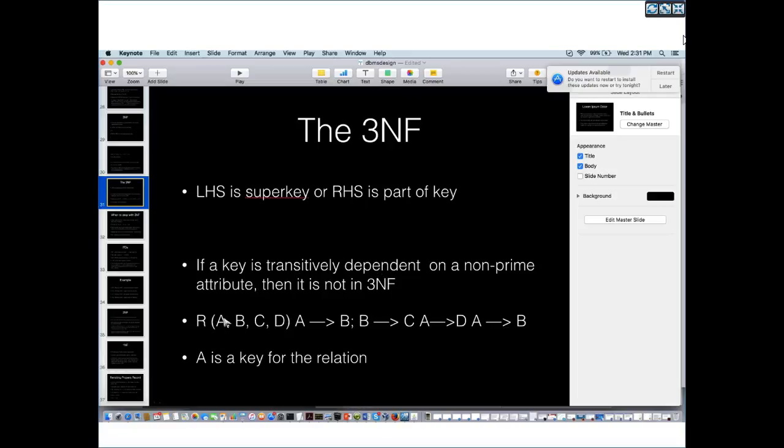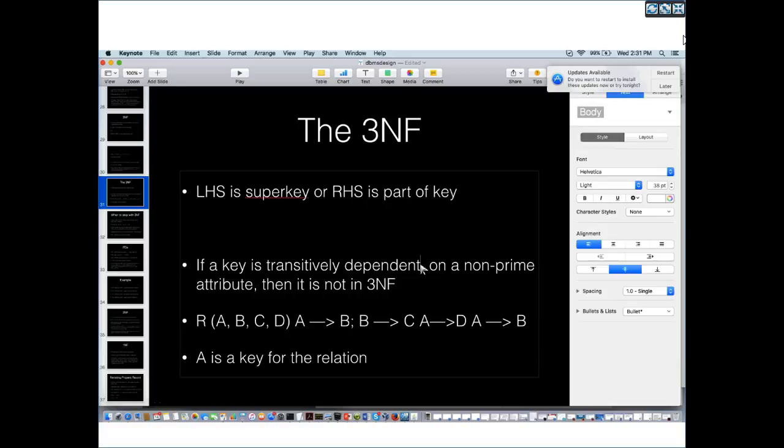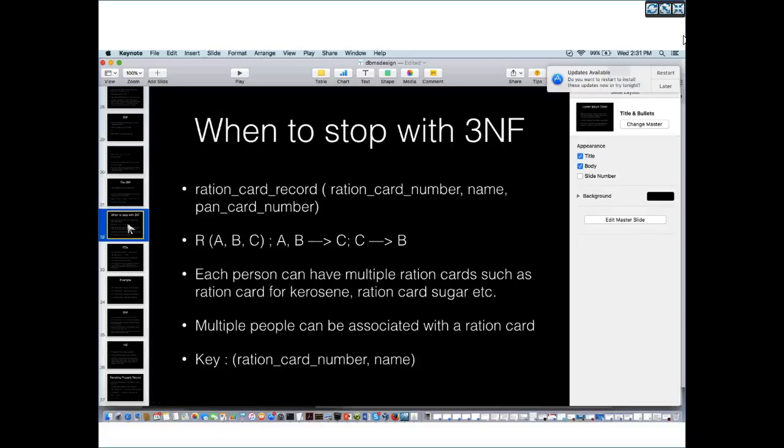Okay? Transitively dependent means the key is determining a non-prime attribute. I guess I have to slightly rewrite this. Transitively determining is the other way. This is determining. Then it is not in 3NF.